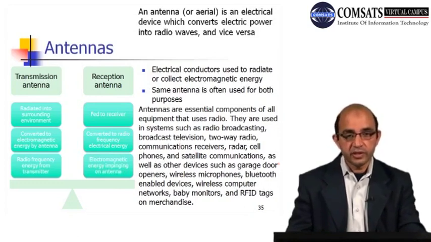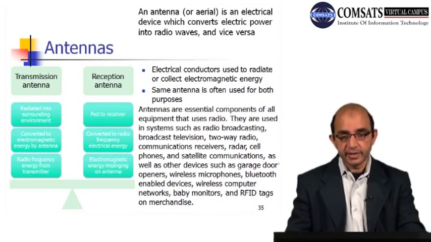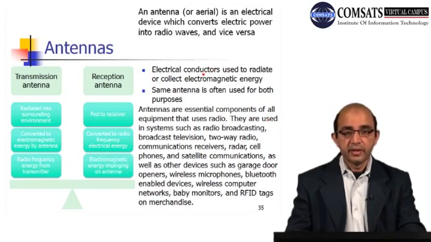The receiver receives the radio waves and converts them into electrical pulses. But nowadays an antenna can be a receiver as well as a transmitter, so we can have transceiver antennas.